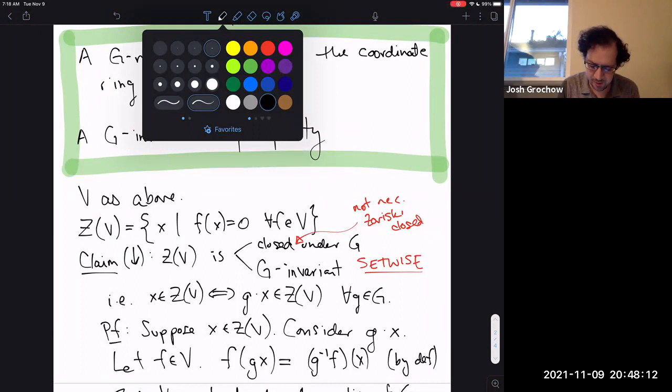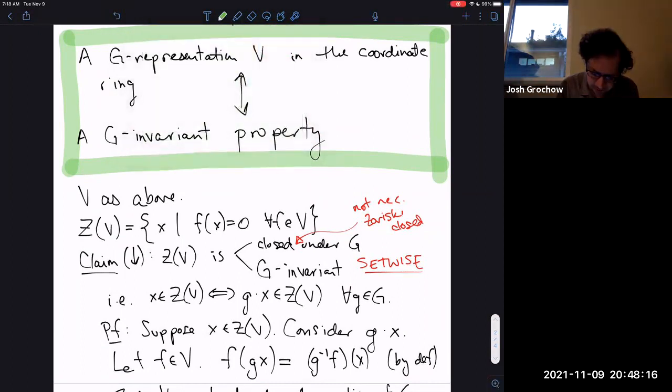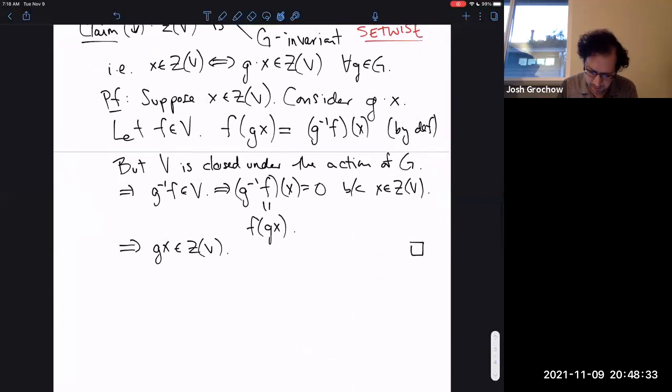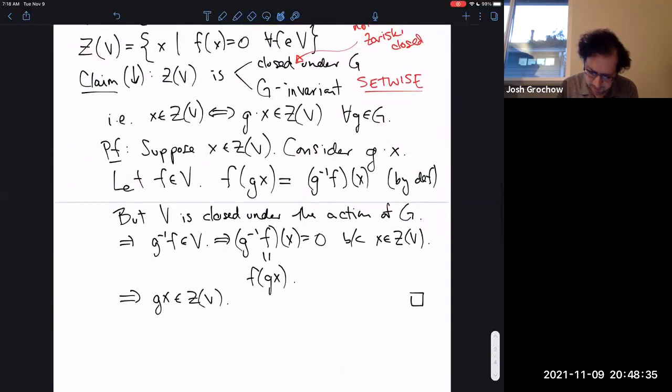Because if we're talking about the vanishing of polynomials, we're only ever going to get Zariski closed sets. So in particular, we want this to be a Zariski closed set, or an algebraic variety. Okay. So let's see the other direction here.